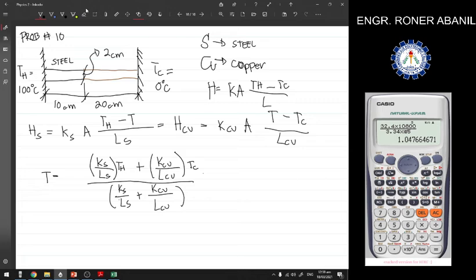So, isa-substitute lang natin dito yung LS saka LCU. Tapos yung TH and TC naman is binigay na dito.